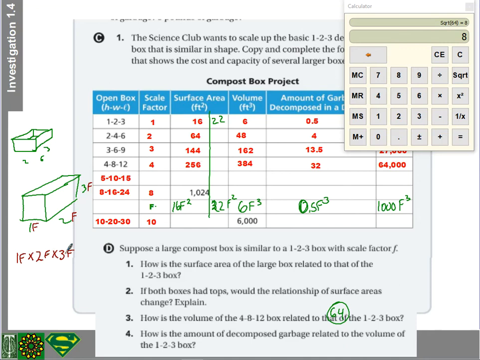Let's reorder things, because with multiplication we can do any order and it doesn't change the meaning. So we still have our 1 times 2 times 3, but we also have f times f times f. Well, that's just f to the third power, and 1 times 2 times 3 is 6. So that makes perfect sense why this equation is the way it is.